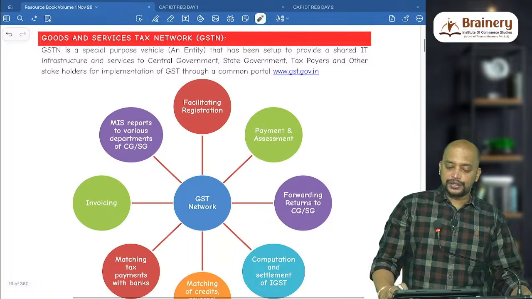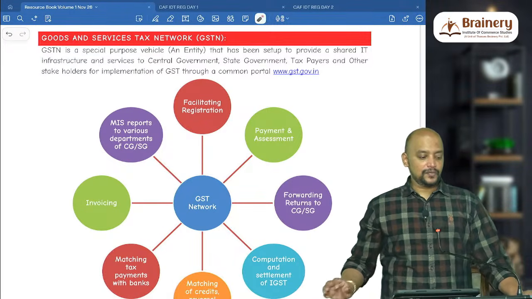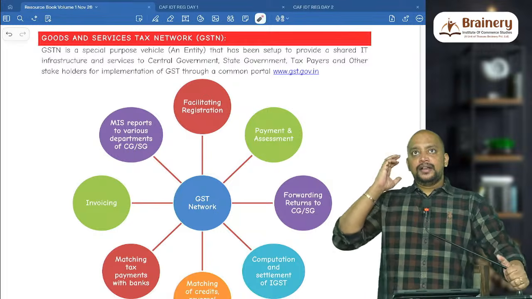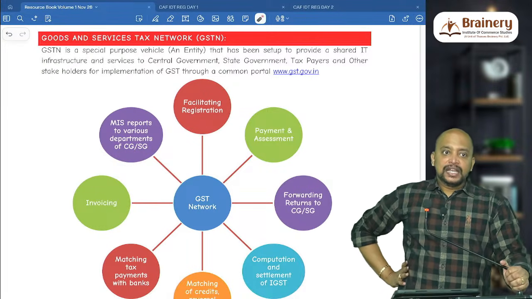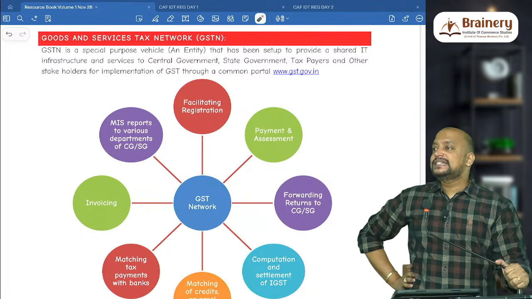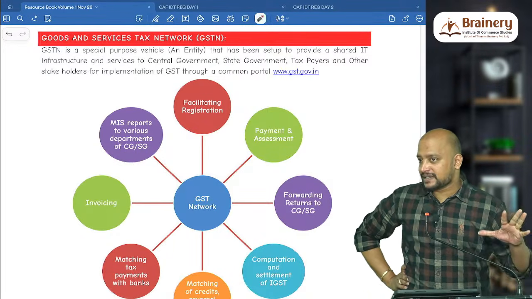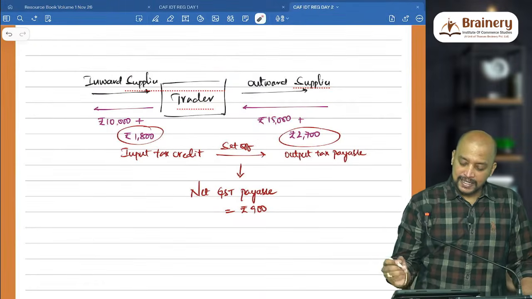Then look into the next one, GST network. Listen, compared to the earlier indirect tax system, in GST, what has happened? We have a system of matching of credits. What is the system of matching of credits? Please listen.